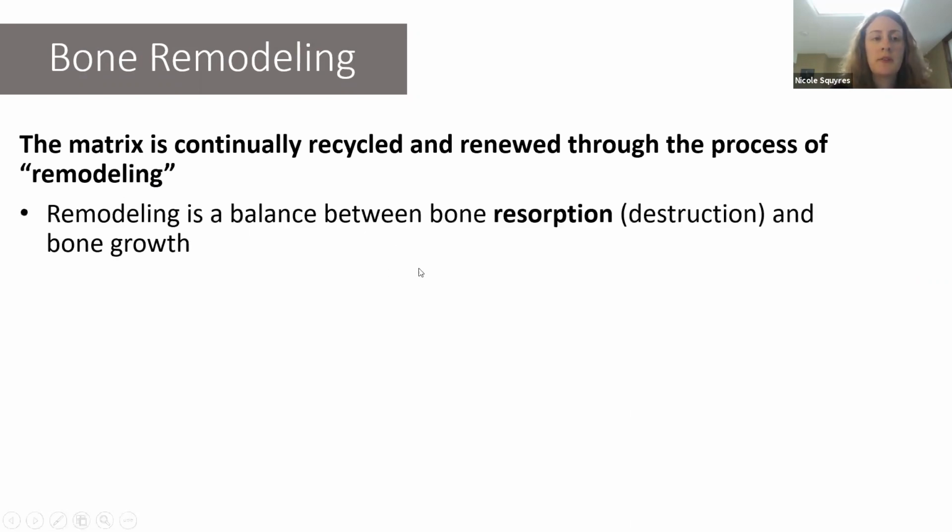And what remodeling means is it's a sort of a continual breakdown and rebuilding of our bones. We're continually destroying parts of our bones and rebuilding them. So we're continually renewing our bone tissue. And so remodeling is sort of a balance between bone resorption, which is just a name for the destruction of bone, and bone growth.